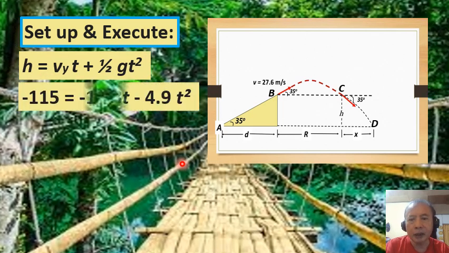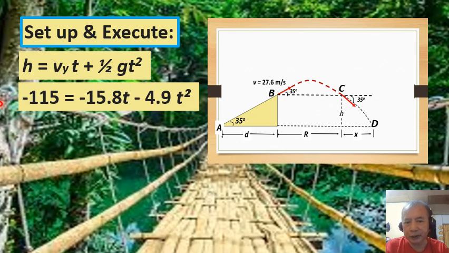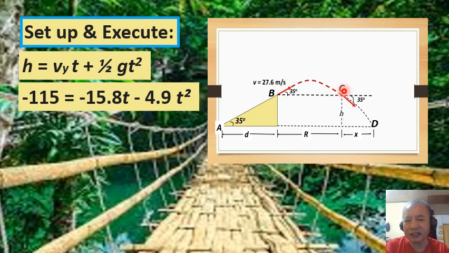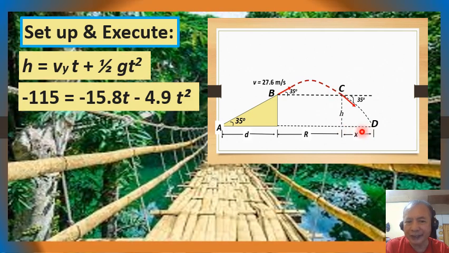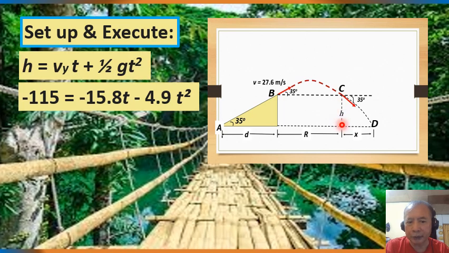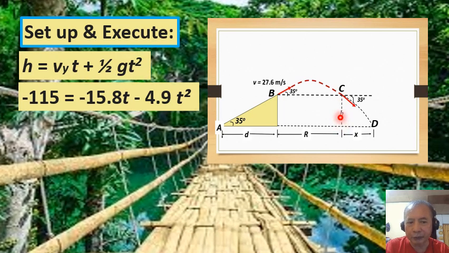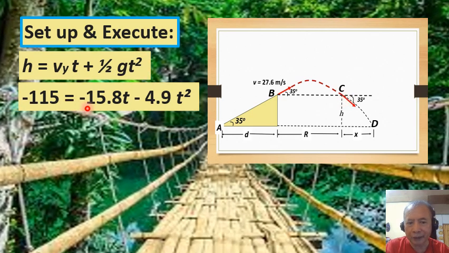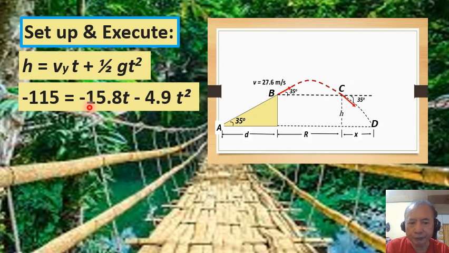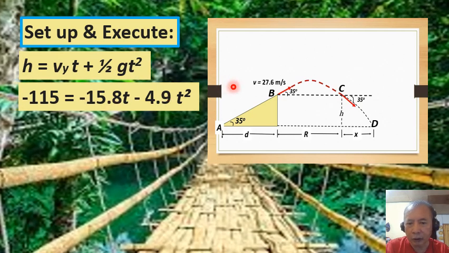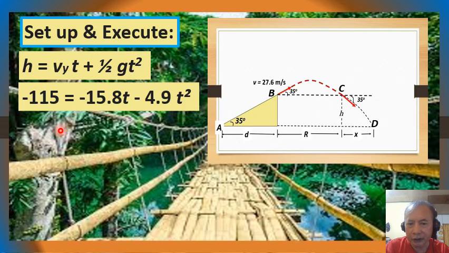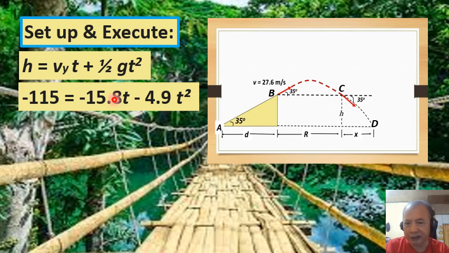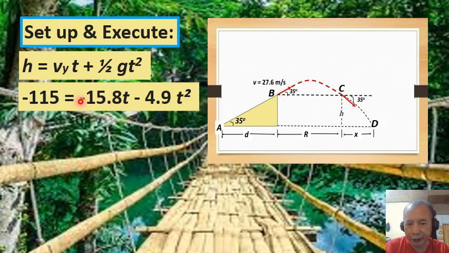Which means that the height small h will be considered negative, because relative to point C, which is the reference, the ground happens to be negative 115 meters, or 115 meters below point C. And then we equate that to the y component of v, which we earlier computed, equal to 15.8 meters per second. But since it's directed downward, we put here the negative sign.